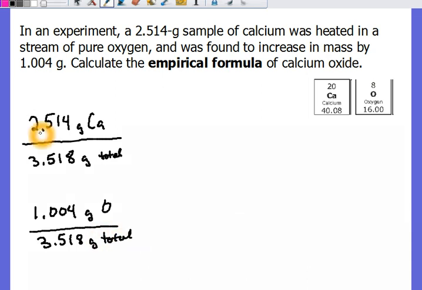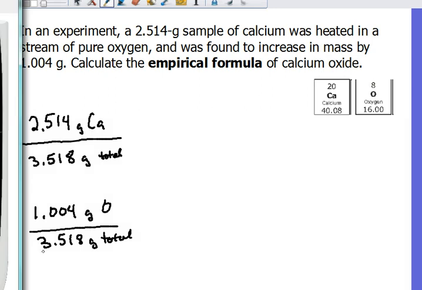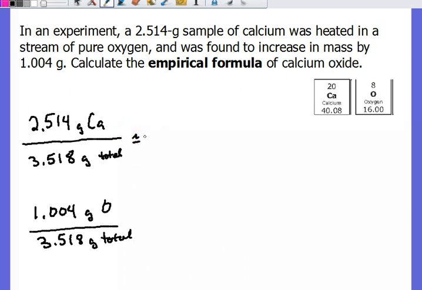If you want to calculate the percentage of each one, you can jump on your calculator and say 2.514 divided by your total mass of 3.518, and that gives you roughly 71.5% from calcium. And if you want to check the remainder, if there's only calcium and oxygen in the compound, it should add up to 100.